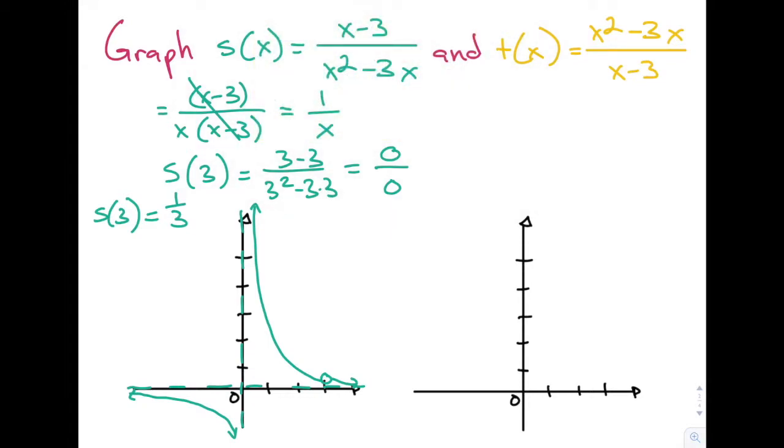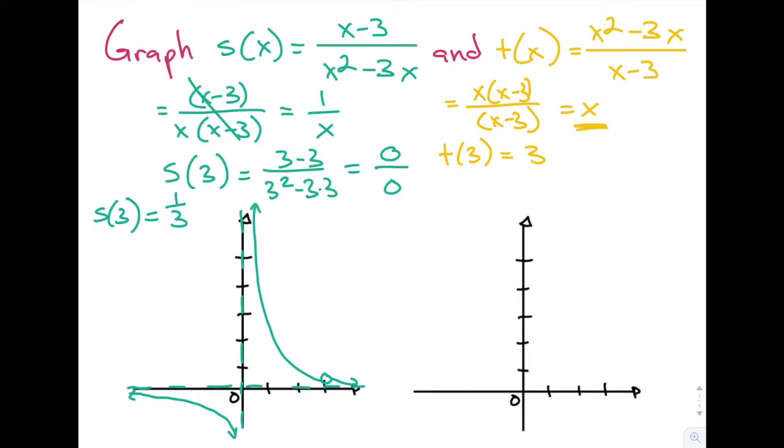Now for t of x, we have a similar process. We can go ahead and cancel out that x minus 3. So we have x times x minus 3 over x minus 3, and we're left with just x. Again, we have to exclude the value for 3, so we can plug t of 3 into our new form right there.